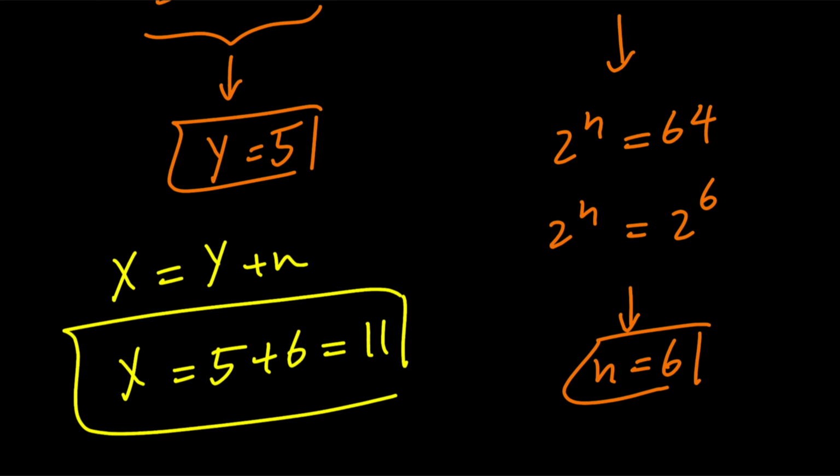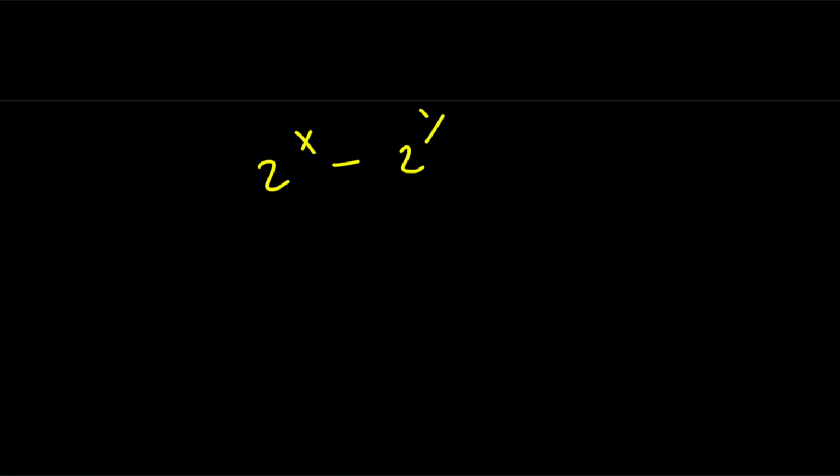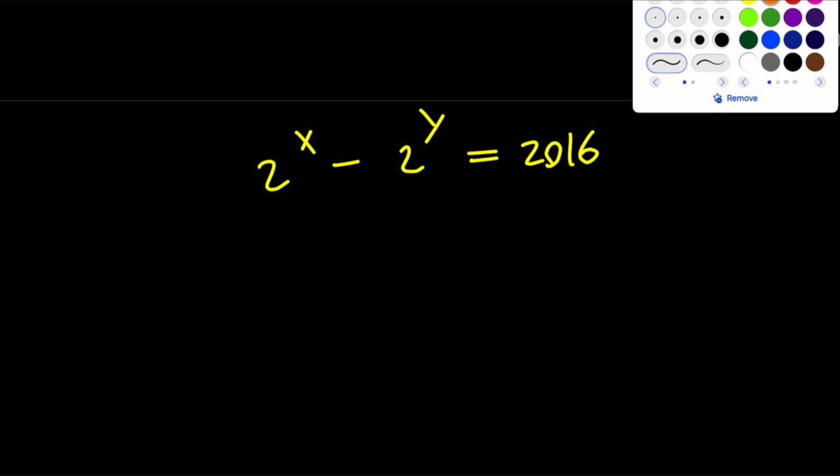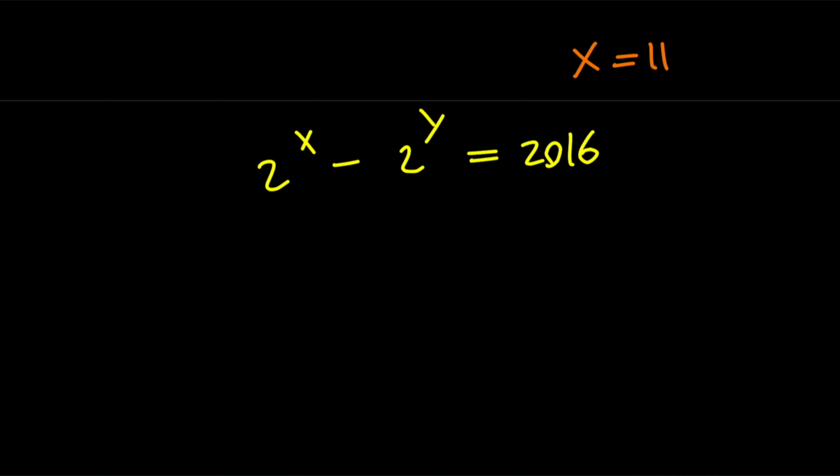And for the final thing, let's check these two values and see if they are valid. Based on the original equation, 2 to the power of x minus 2 to the power of y is supposed to equal 2016. And we found that x is equal to 11 and y is equal to 5.